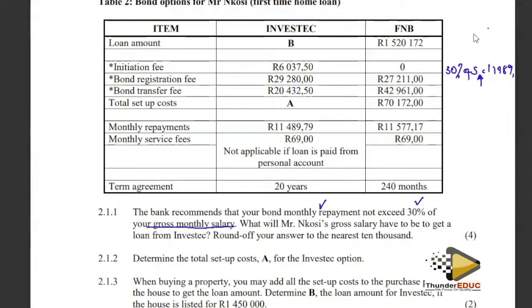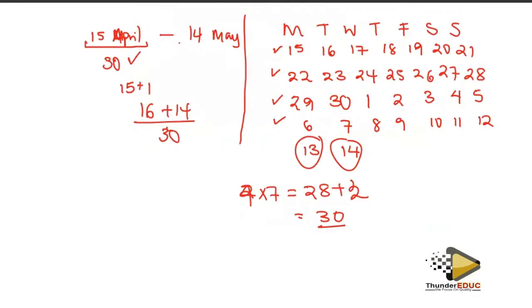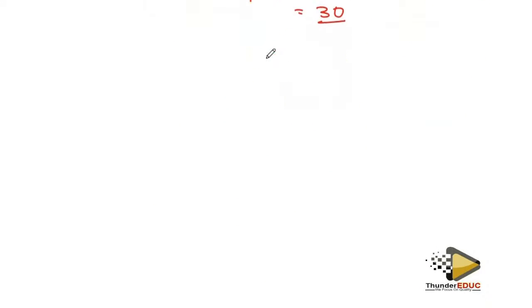What is that 30% that's remaining? I hope you understand what I'm trying to say. So let me do it from here. It says 30% of your monthly salary should equal the monthly repayment in Investec.